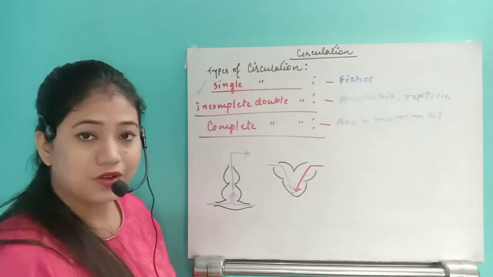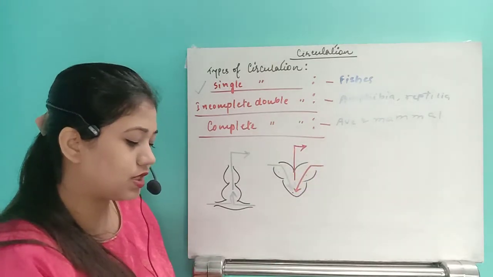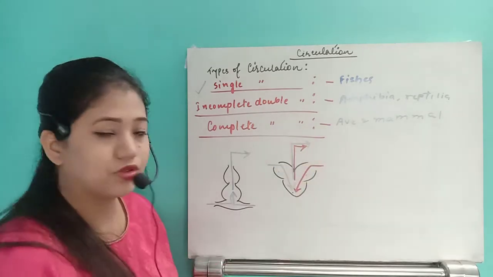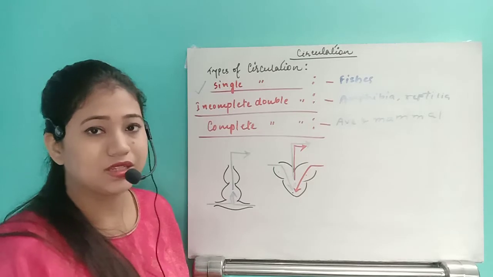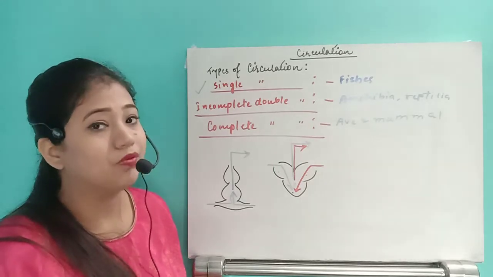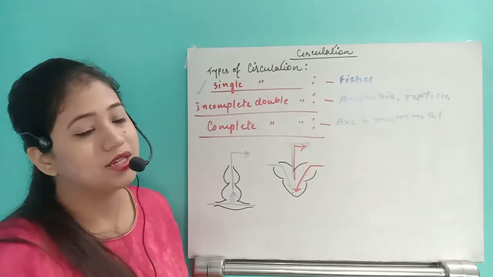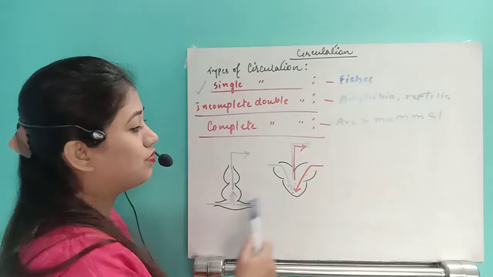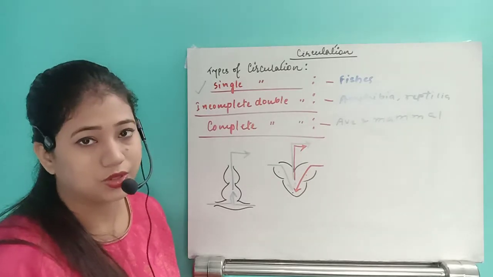Then from the ventricle, both types of blood, oxygenated as well as deoxygenated, are pumped out, right? So this is called the incomplete double circulation. That means it is pumping both deoxygenated and oxygenated blood. But why is it incomplete? Because it cannot separate the oxygenated and deoxygenated blood; both bloods mix in the ventricle. So that's why it is called the incomplete double circulation, right?